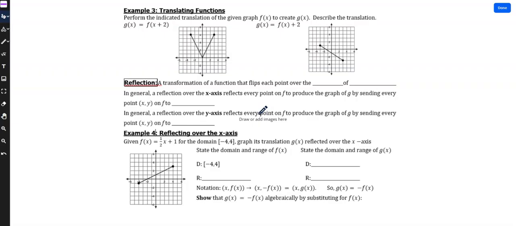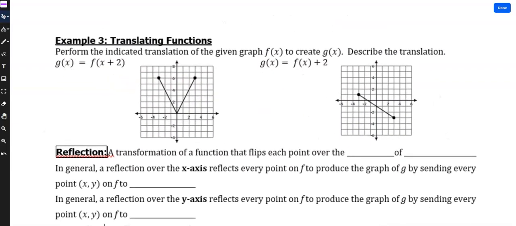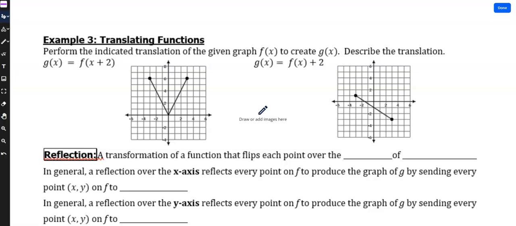Okay, what's next? Perform the indicated. Okay, so we got an inside. So that's an inside. This one's going to go left 2. Remember how it goes against your common sense? So we're going to go left 2, left 2, left 2, draw the V shape.